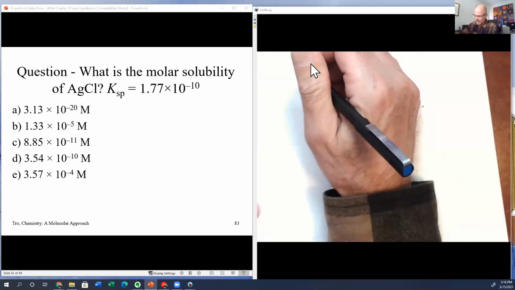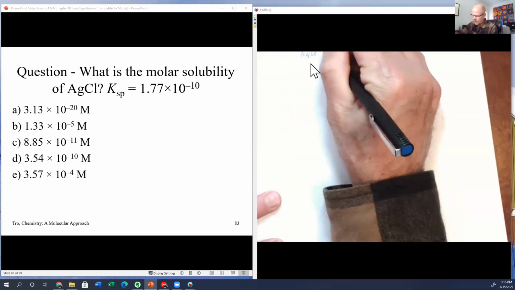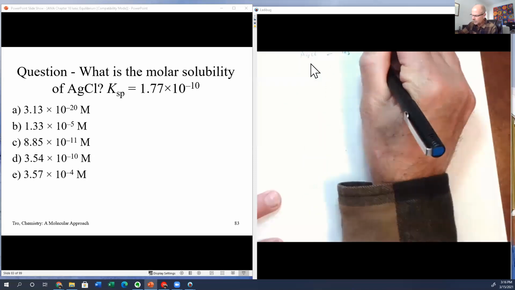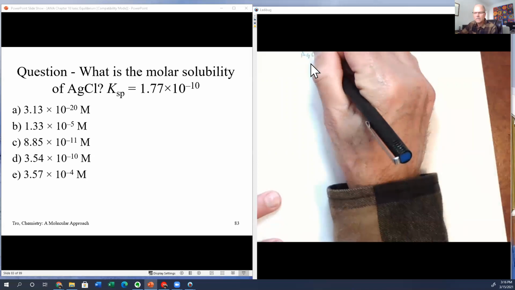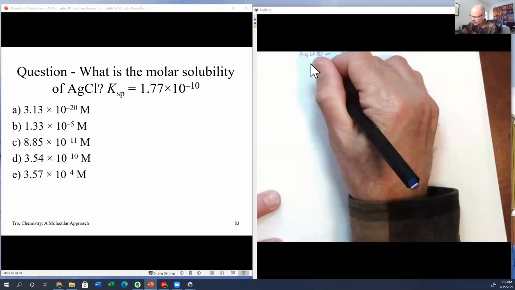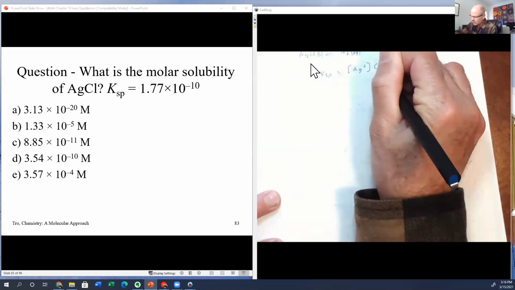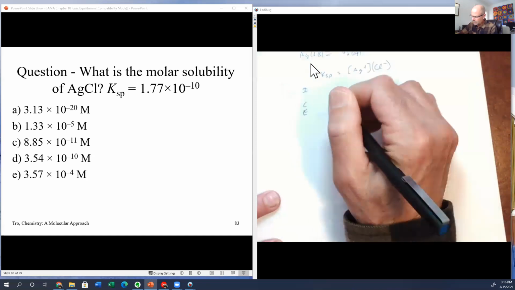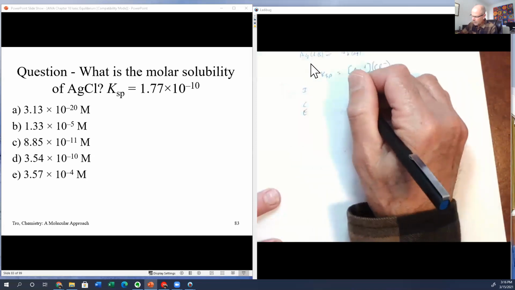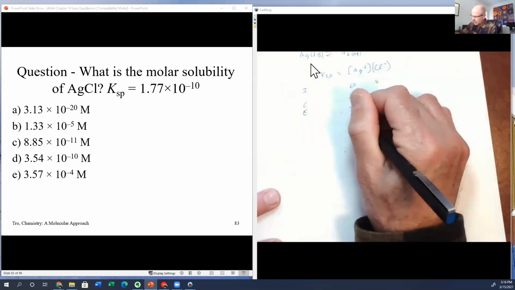So really quickly, in case you didn't get it, it's AgCl in equilibrium with Ag+ and Cl-. These are aqueous, this is solid. So you write the expression for KSP equal to the concentration of Ag+ times the concentration of Cl-. You set up your ICE table and you got 0, 0, plus x, so you got x and x.